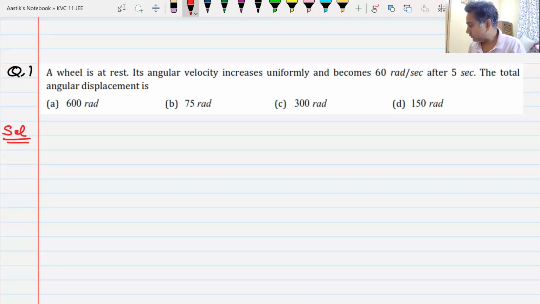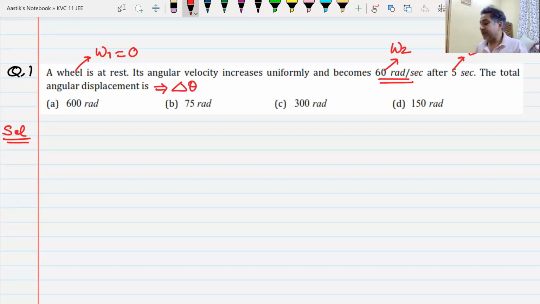So, the wheel is at rest. That means your value of omega 1 is 0. Yes or no? It becomes 60 radians per second, so that is omega 2. This is time. And they have asked us the value of delta theta. So first of all, we'll find the value of alpha.